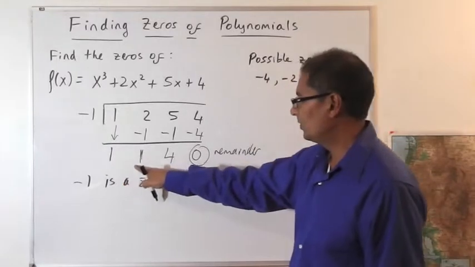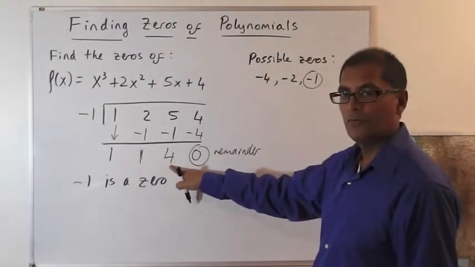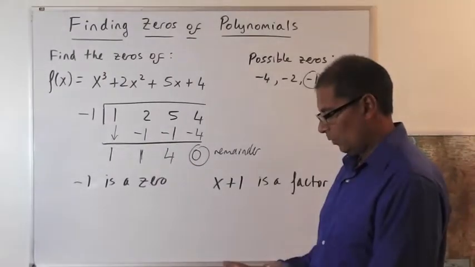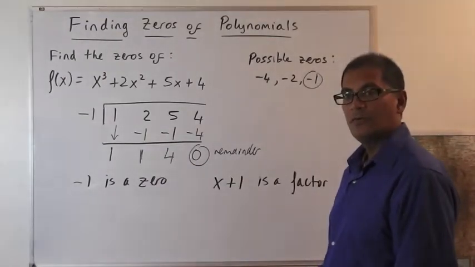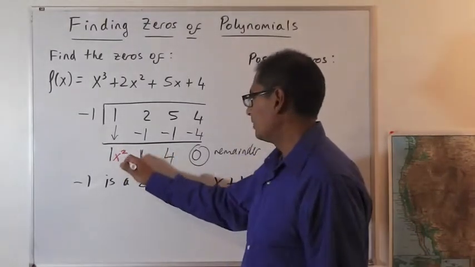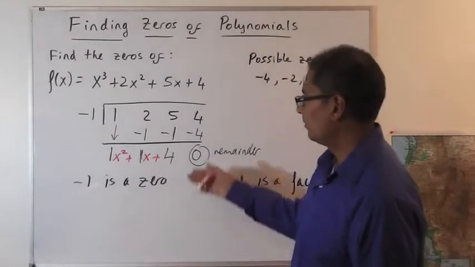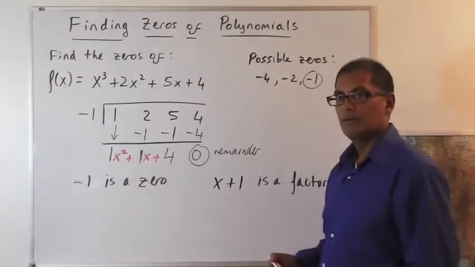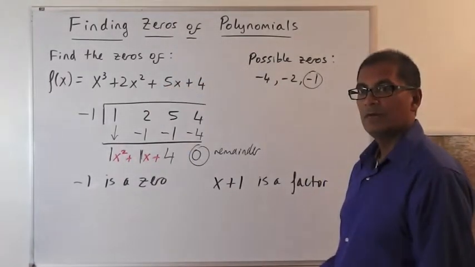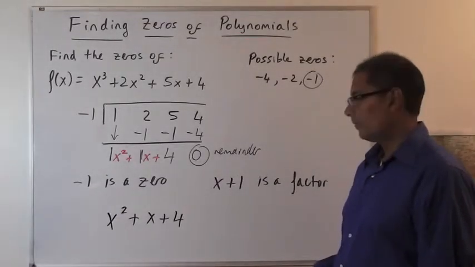Well, it goes into this amount of times. And what does this stand for? It's 1, 1, and 4. Well, the 1, 1, and 4 stands for 1x squared plus 1x plus 4. Because we reduced this degree by 1. So what we're left with now is another polynomial, x squared plus x plus 4.